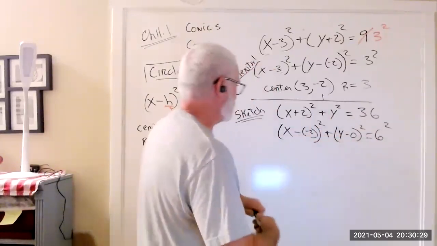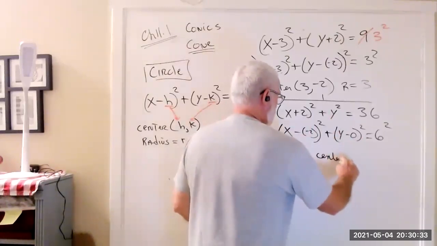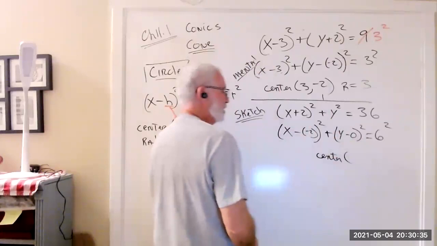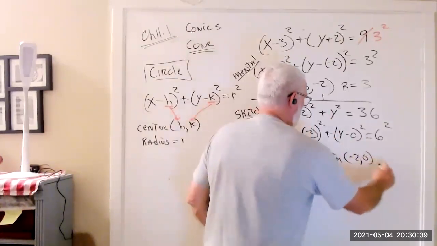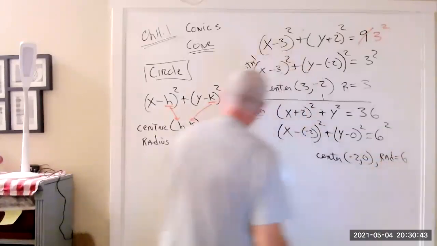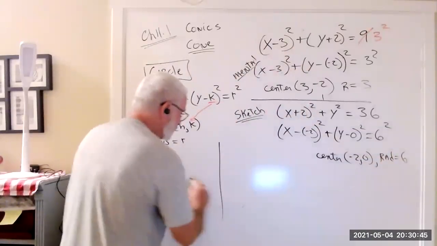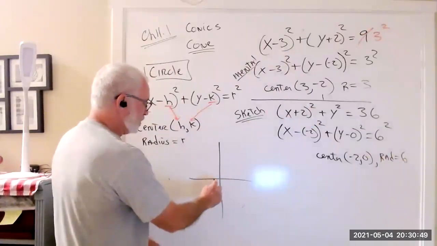So now, what's the center of this shape? It's a circle. What's its center? Negative 2 and 0. Negative 2 comma 0. What's its radius? 6. Okay, so if we sketch this, getting ready for mom, go to negative 2, 0.